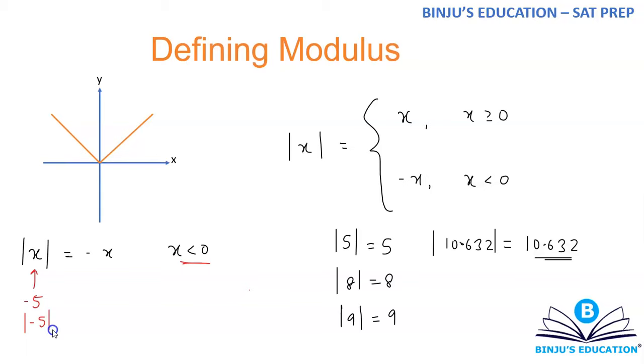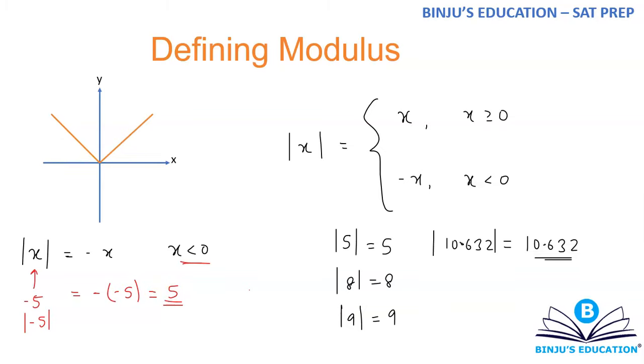I have a value of x which is negative, but the result of mod of minus 5 is non-negative. So how can I convert this minus 5, which is equal to x, into a non-negative quantity? I'm going to put one more negative sign in front of it, so this becomes minus of minus 5, and hence it gives me a positive result.